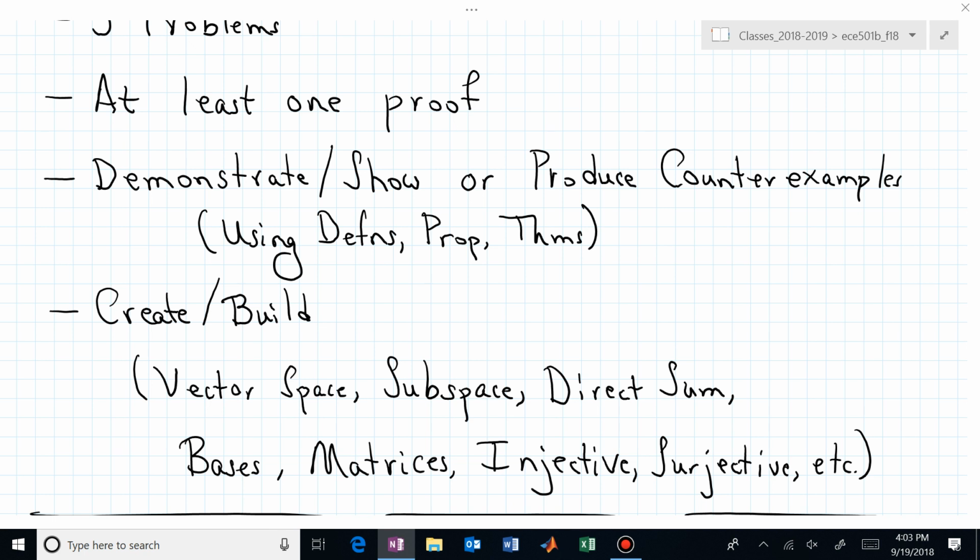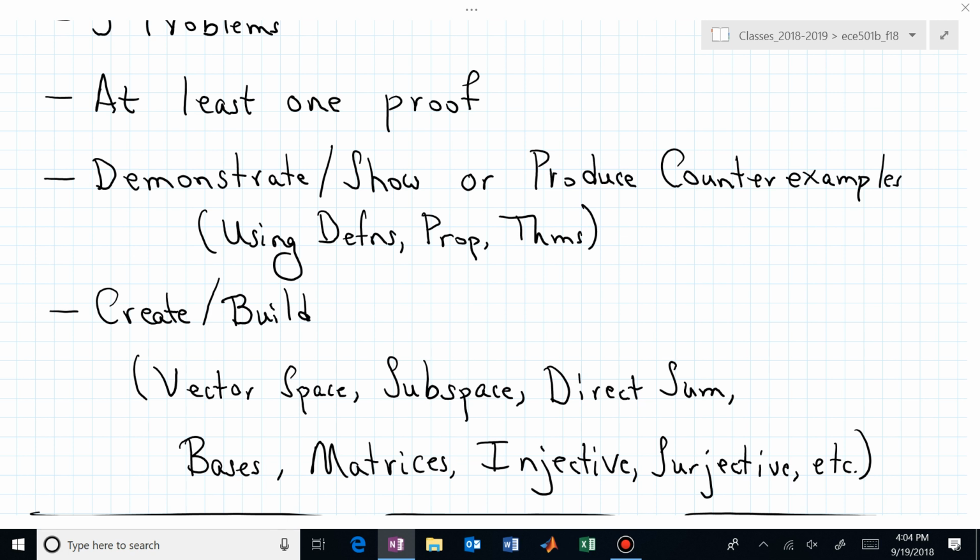You may be asked to create or build something, and that might be a vector space or a subspace or a direct sum decomposition of a vector space. Or you might be asked to build basis vectors, or you might create some matrices or find the matrix representation of a linear map.